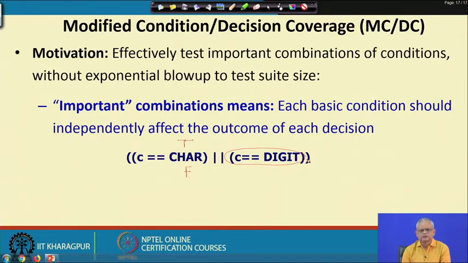The decision outcome will become false if we make this false, and if we make this true, then the decision outcome should become true. Our test cases should be able to achieve that, and then we will say that this satisfies the MCDC coverage criterion.